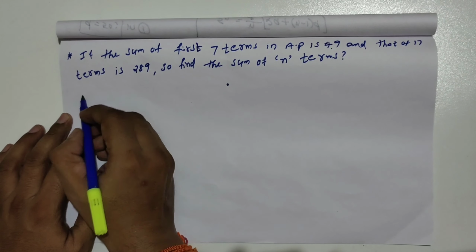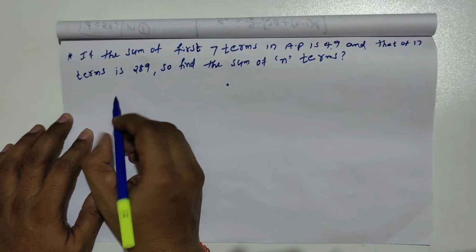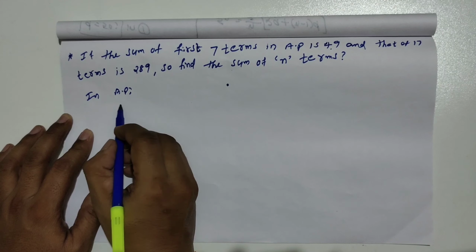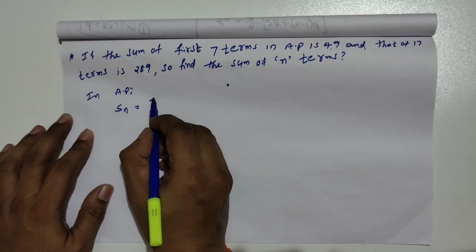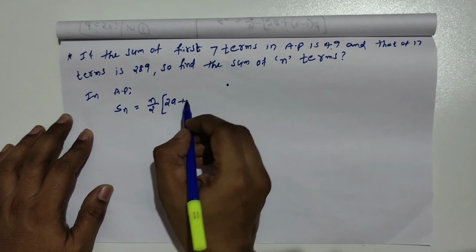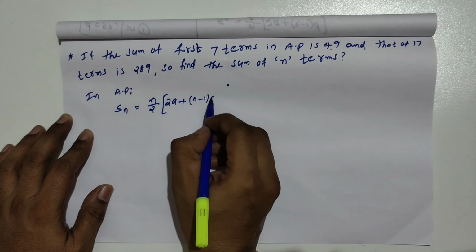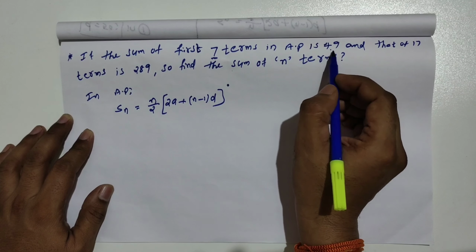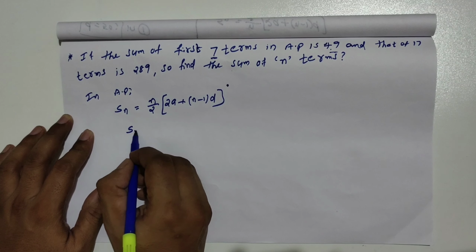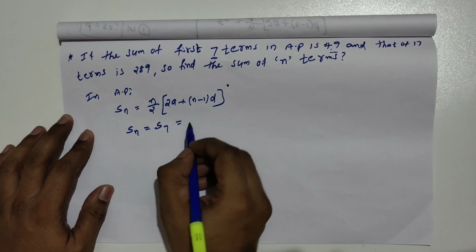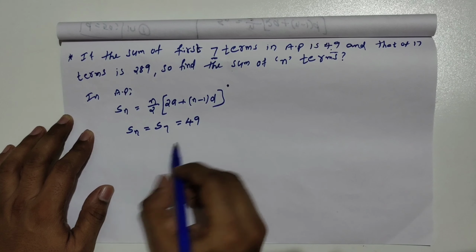Here in AP we have the Sn formula. Sum of n terms, Sn is equal to n by 2 into 2a plus n minus 1 into d. First we have the sum of 7 terms is 49, that is S7 is equal to 49.